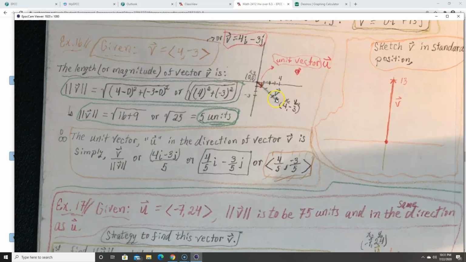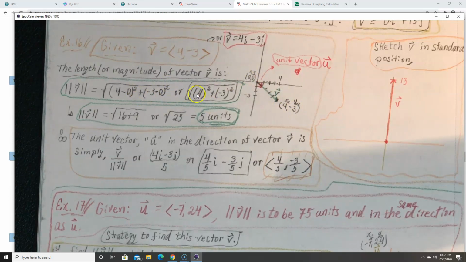Or we can use the distance formula, which I wrote down. The magnitude of vector v, from the origin to this terminal point, is the square root of x sub 2 minus x sub 1 squared plus, so 4 minus 0 squared plus negative 3 minus 0 squared.